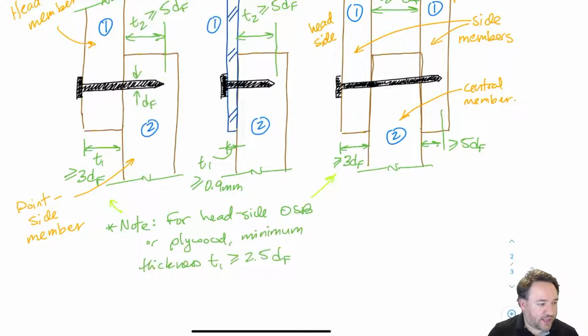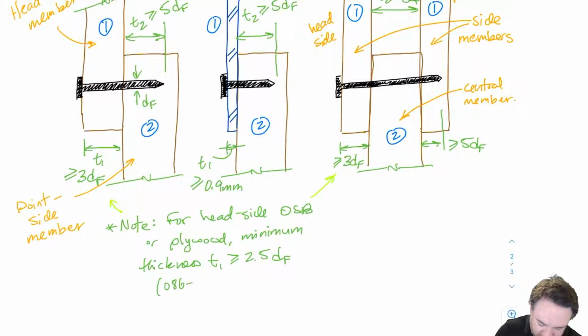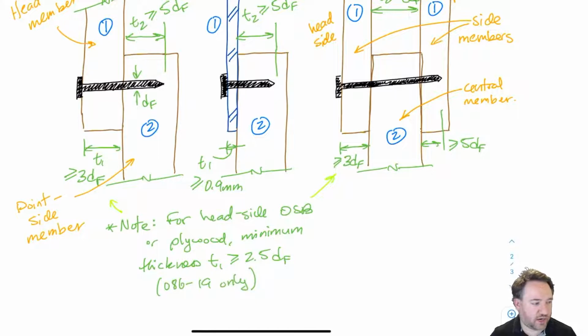For head side pieces of wood, for plywood or OSB, in the new version of the standard, but not the old version, so this is O86-19 only, they have introduced a less stringent requirement for the head side thickness of 2.5 DF. But if you satisfy 3DF, then you satisfy both. So this is a less stringent requirement.